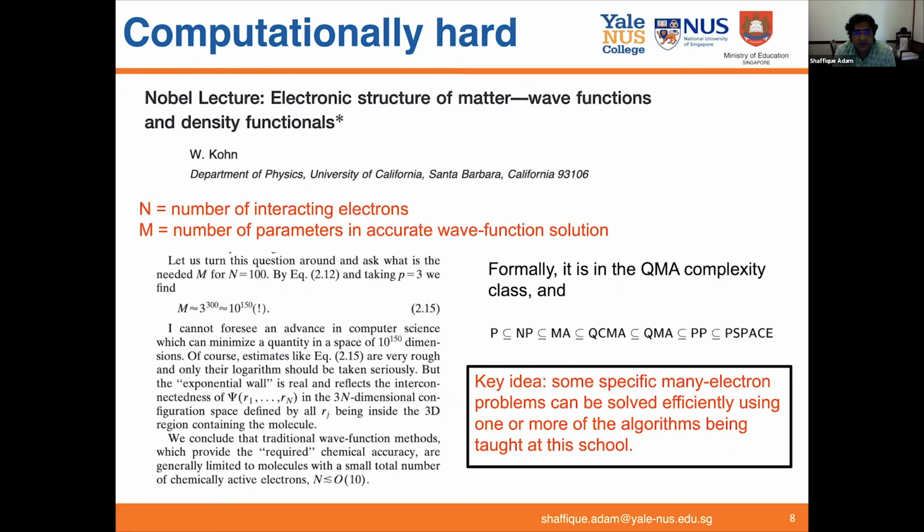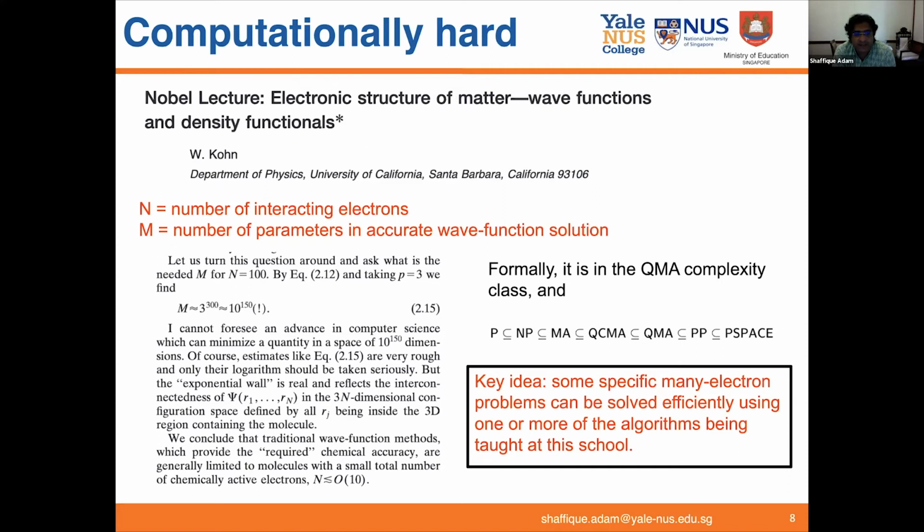Marco gave the example of lithium, where you had 3 interacting electrons, and he showed that you had a very large phase space of wave functions. This is the paper from Walter Kohn's Nobel Prize, where he was awarded for inventing the method that Marco uses, the ab initio density functional theory. In his paper, he lays out what he calls the exponential wall.